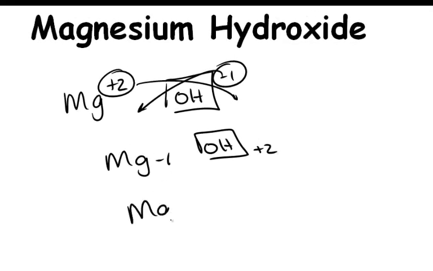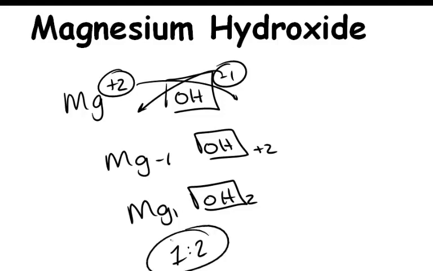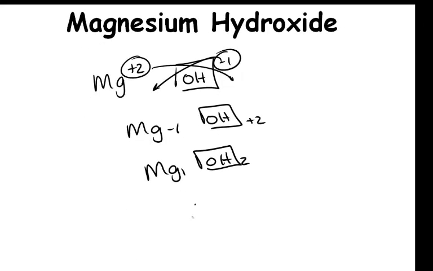Drop the charges, Mg1, OH2, and reduce. Our ratio here is 1-to-2. That is the lowest ratio. So when we write our formula, we can leave Mg, but now because of this 2, hydroxide needs to be protected by parentheses.